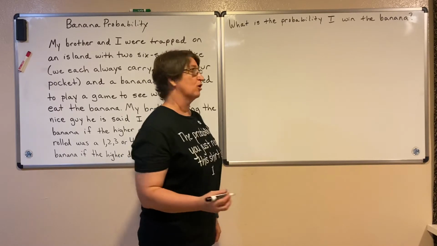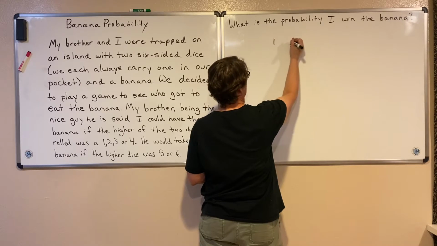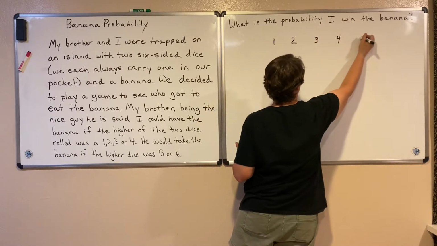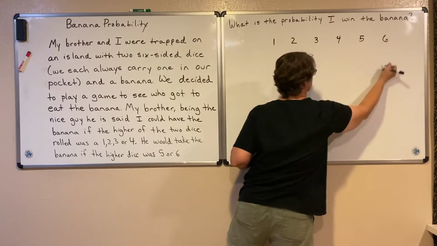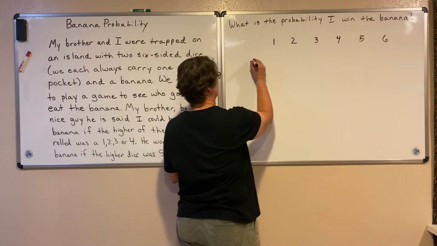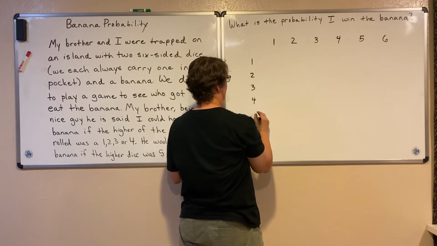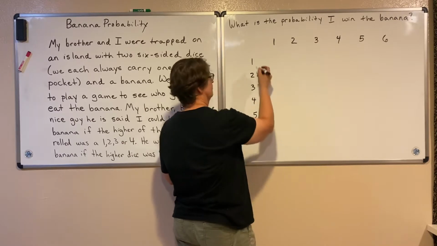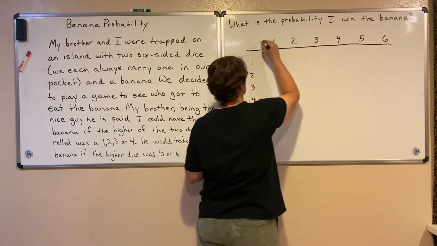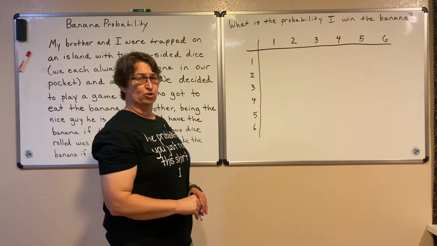As we're rolling the dice, on one die we could roll a 1, a 2, a 3, a 4, a 5, or a 6. On the other die, we could roll the same thing. I'm going to make a table that shows the symmetric sample space, all the possible things we could roll.